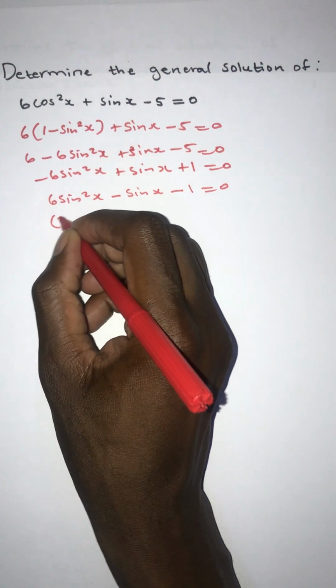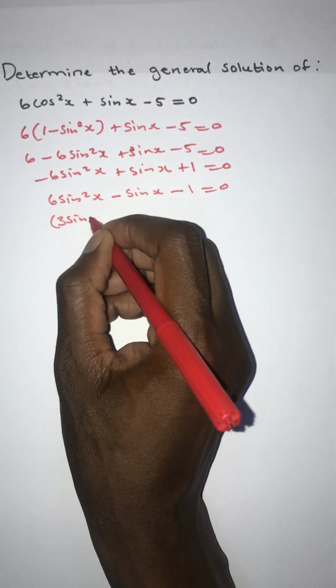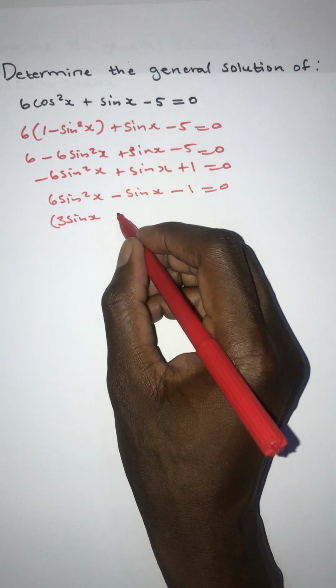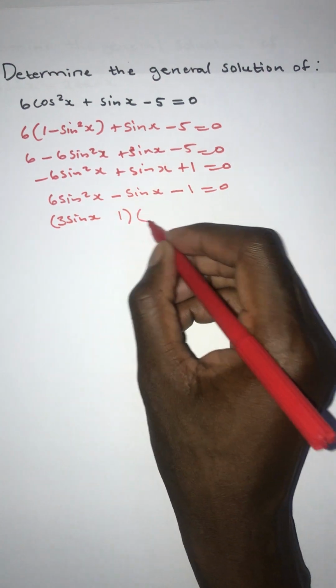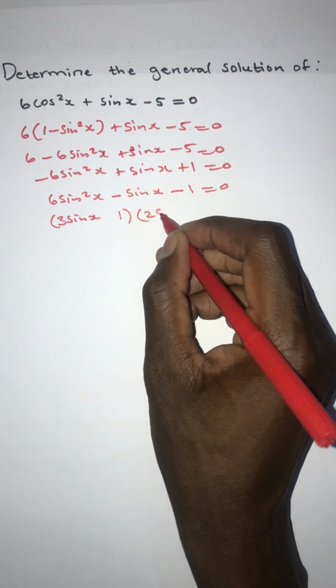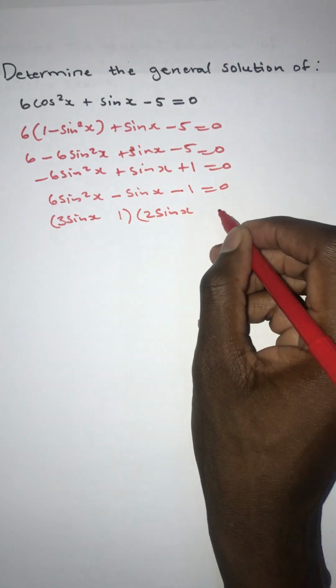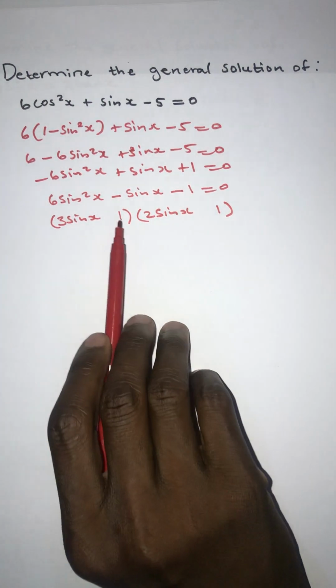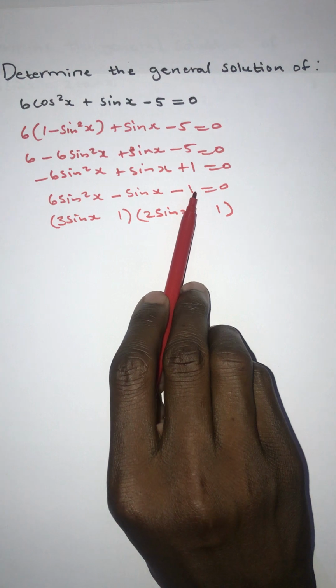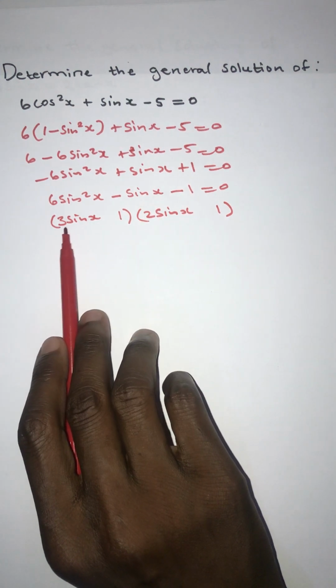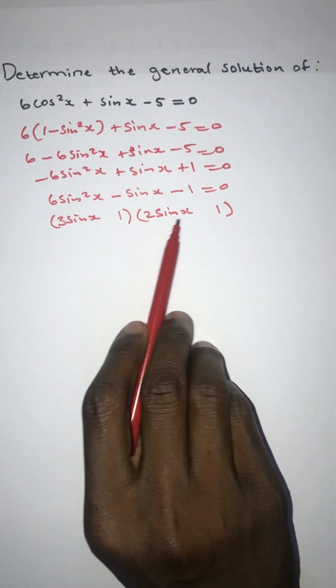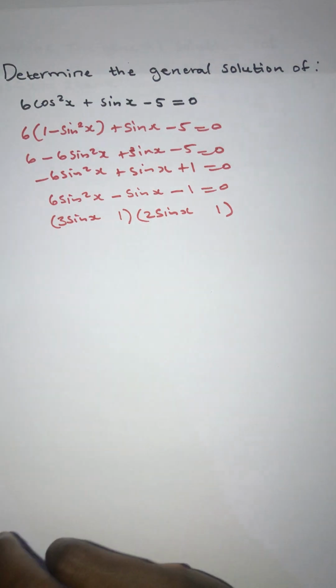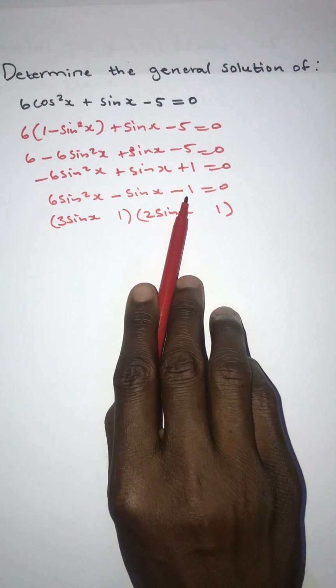So let's say we have 3 sine x and 1. This side will have 2 sine x and 1. So 1 times 1 is 1, and 3 sine x times 2 sine x will be 6 sine squared x.